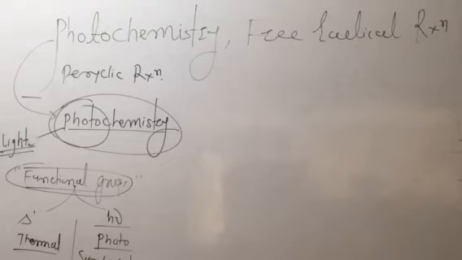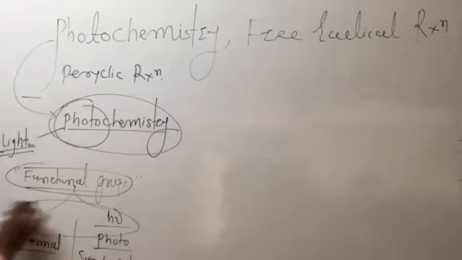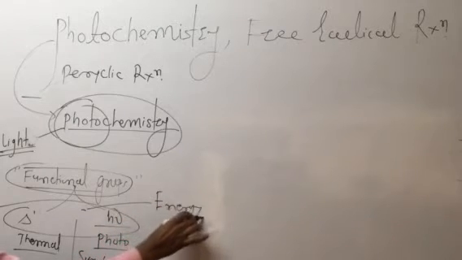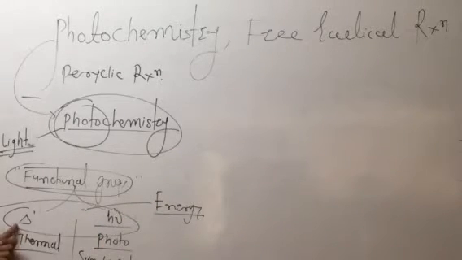Chemical changes take place by giving energy. Both thermal energy and photochemical energy are forms of energy. Chemical changes take place by giving energy to reactant molecules and converting them into the product.